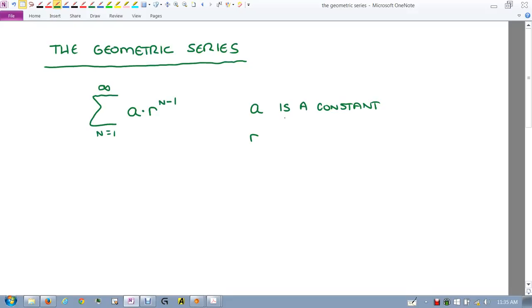Okay, so we don't need that. r is a real number, not 0. It wouldn't make a whole lot of sense if we were to let this number be 0, because then we would just get 0 in there, and if you add 0 up forever, you're still going to get 0. So it would be convergent, but it's really not that important to us. All right, that's what we want to know: what that behaves like, what it acts like. So here are some examples of geometric series.